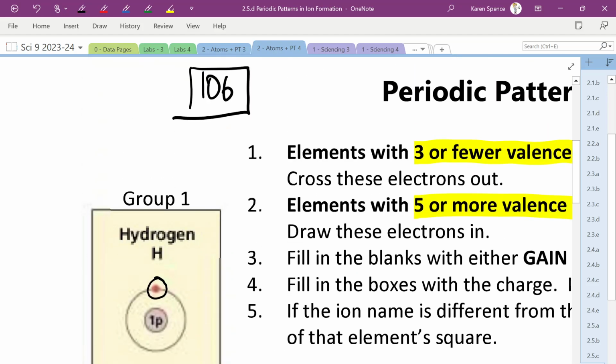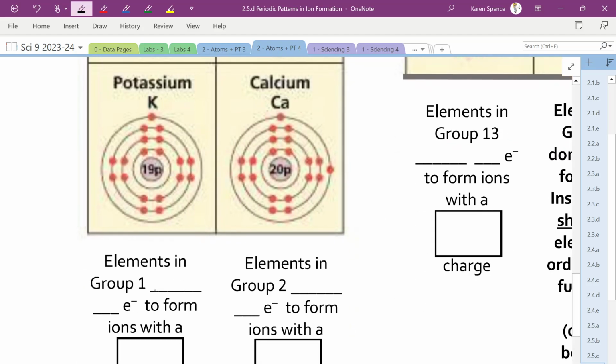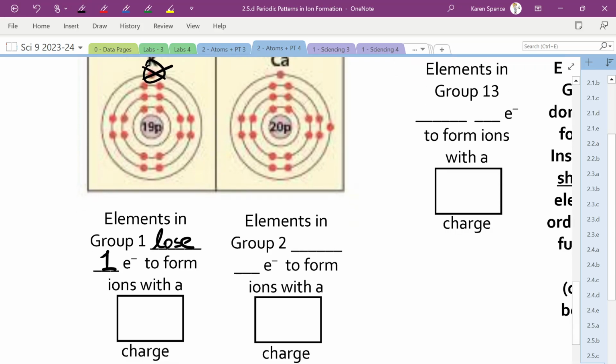So group 1 are all going to lose 1 electron. So we're going to take that electron and cross it out. And those are going to form ions with what type of charge?